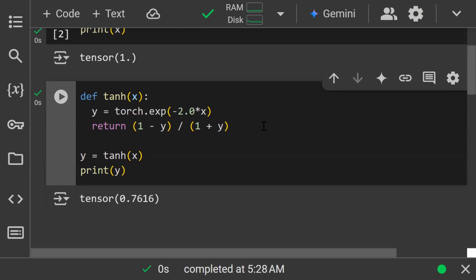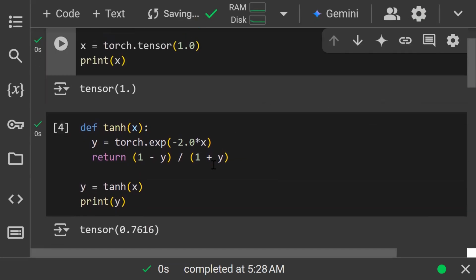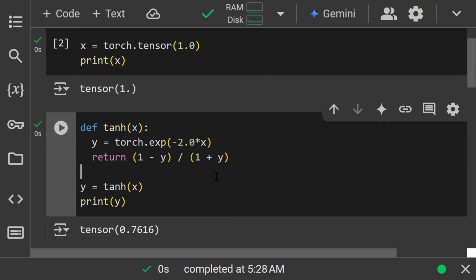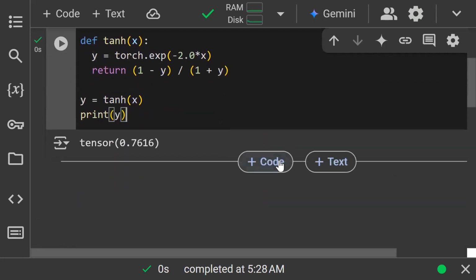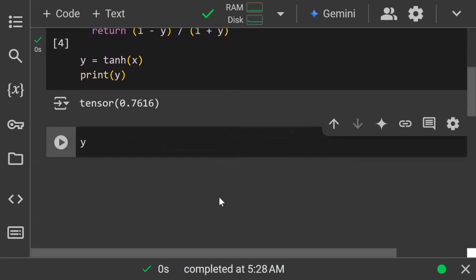Okay. Now, let's start with the thing that we already know. From here, using backpropagation, how do you compute the gradient? How do you compute the derivative of tanh? This is something that you already know, right? You just need to call y.backward.